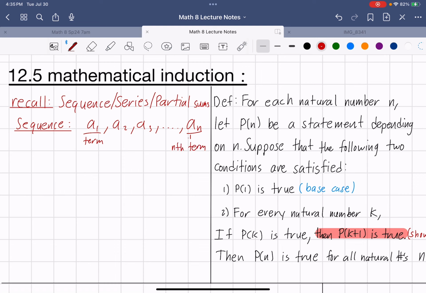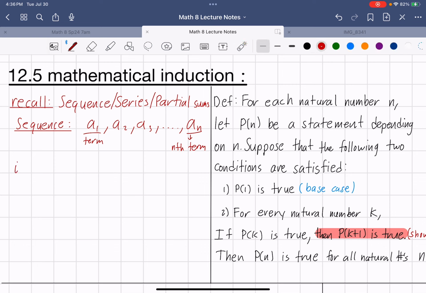Now, what does the nth term do? Something you might have learned before in math is how to find a pattern in the sequence. That's not saying every single sequence has a pattern, but usually you can have a pattern.